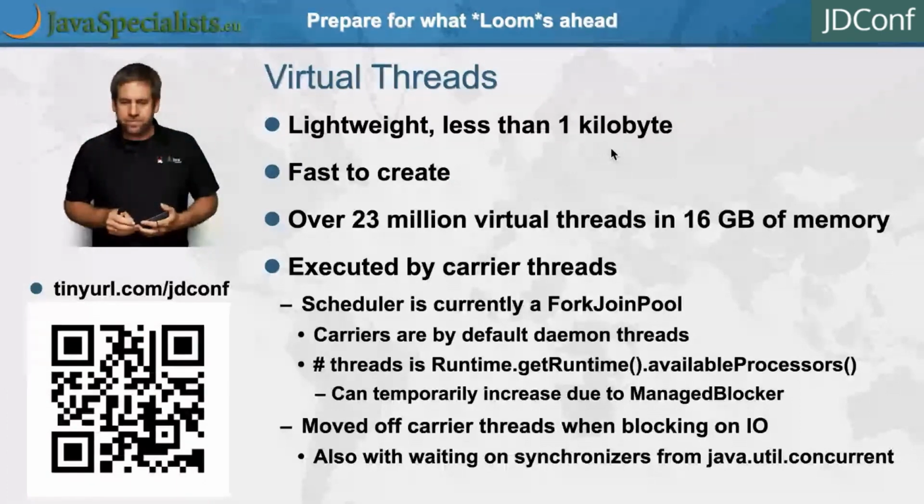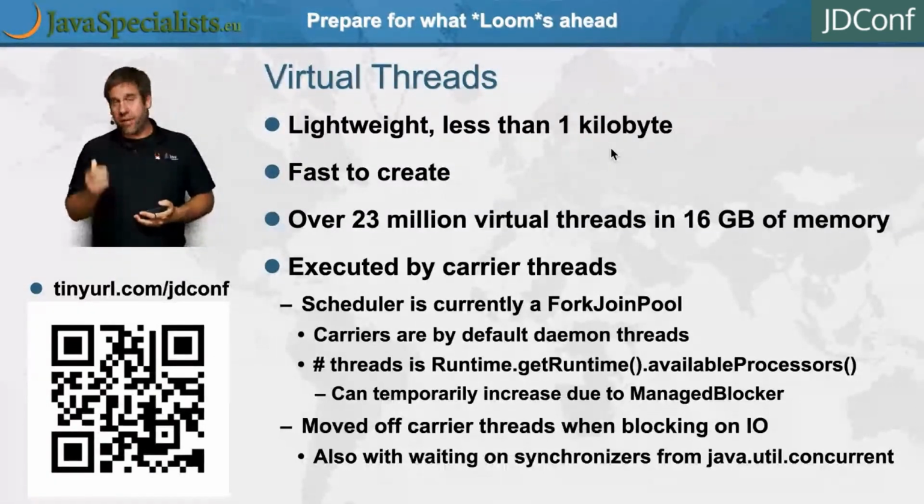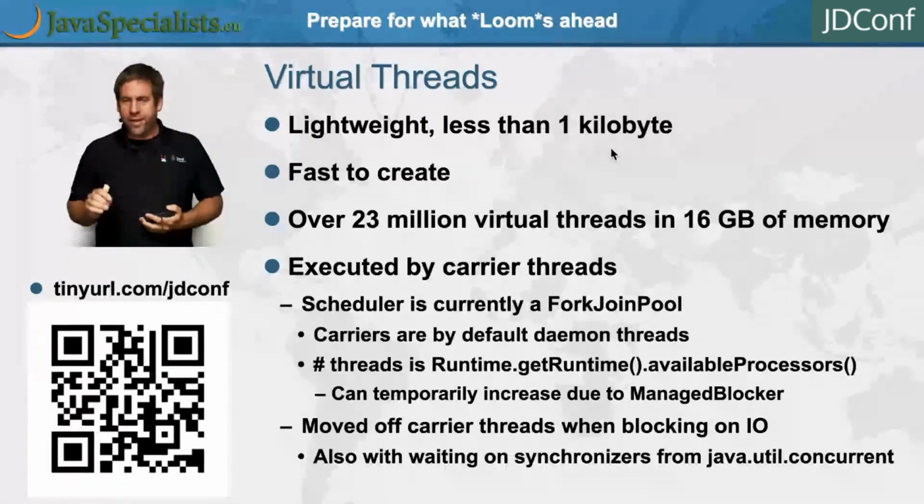And the actual threads that execute these virtual threads are what we call carrier threads. And the carrier threads are by default at the moment normal Java threads from inside a fork join pool. Fork join pool is a really good option for these carrier threads because it's good at executing short jobs.